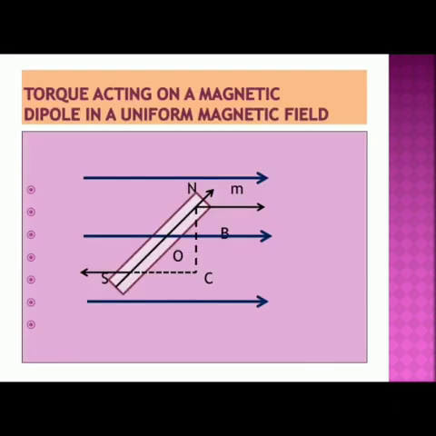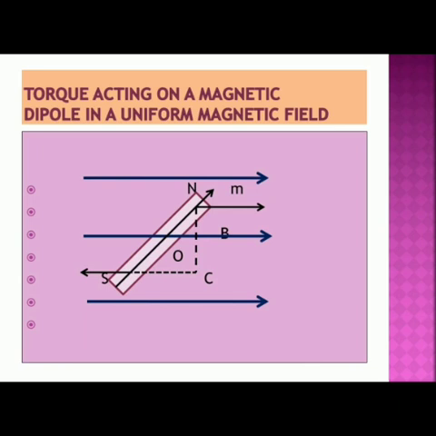Well, students, let us understand the torque acting on a magnetic dipole in a uniform magnetic field with the help of this diagram. This diagram is showing you the short bar magnet which is aligned in a freely suspended position. Now, this magnet is kept in a uniform magnetic field.